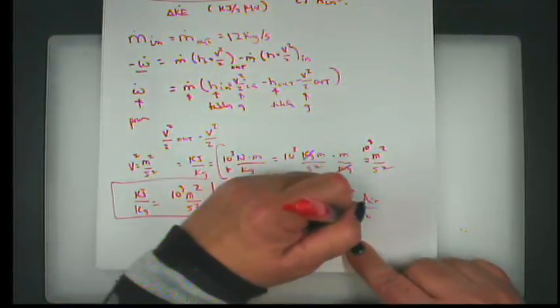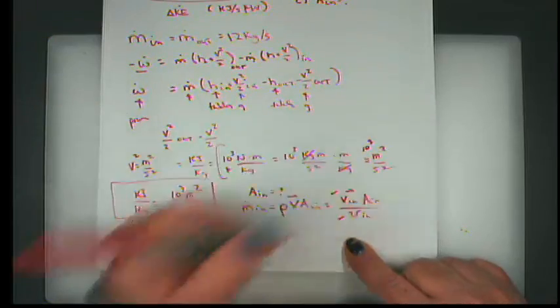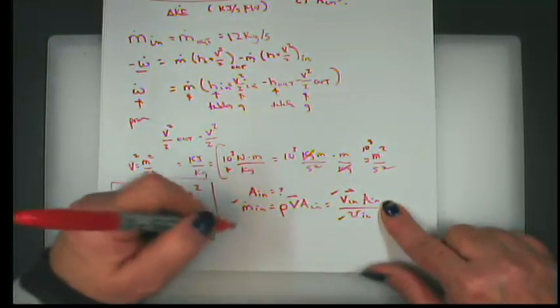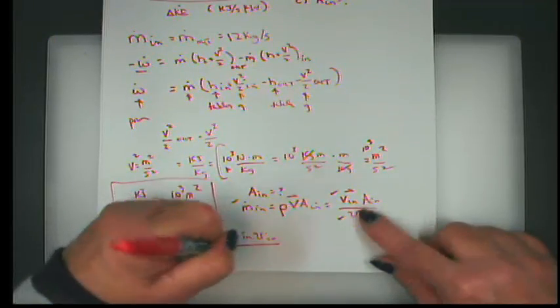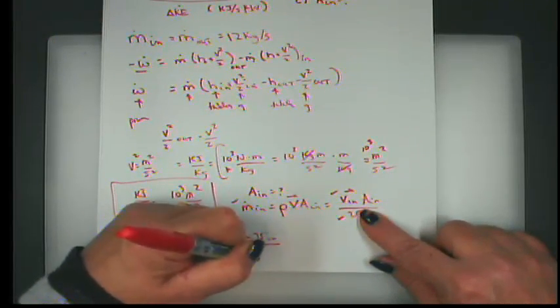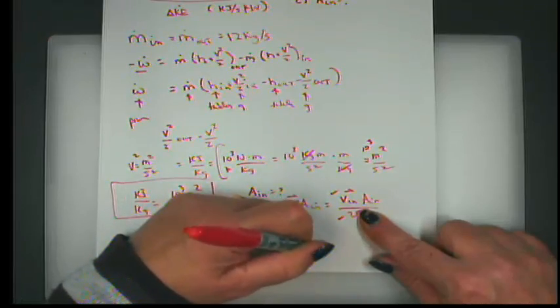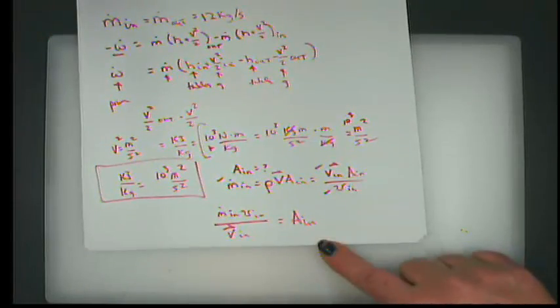So you can pick this up out of the tables. You've been given this value, and you've given this value. So m dot in times v in, little v in, over velocity in will be equal to the area on the inlet. Okay.